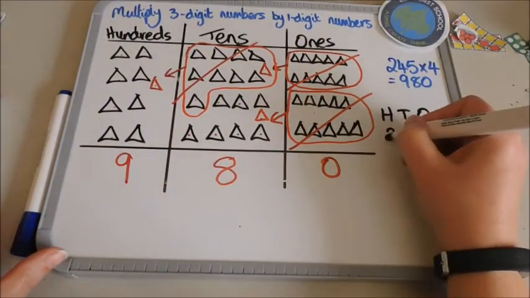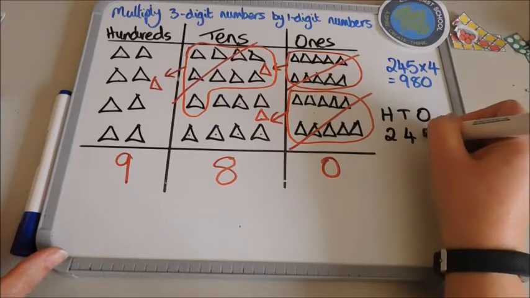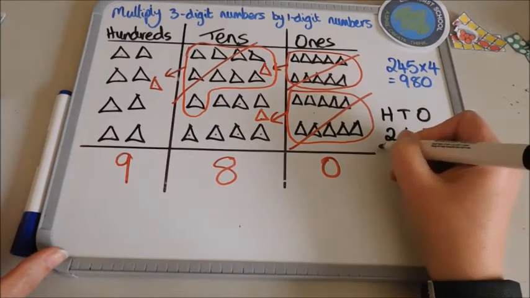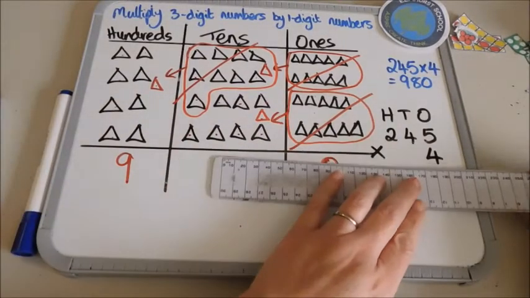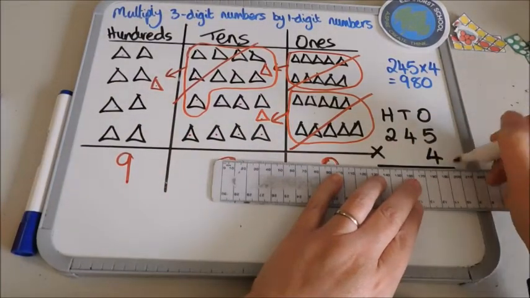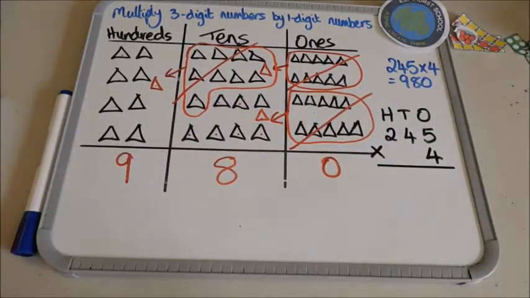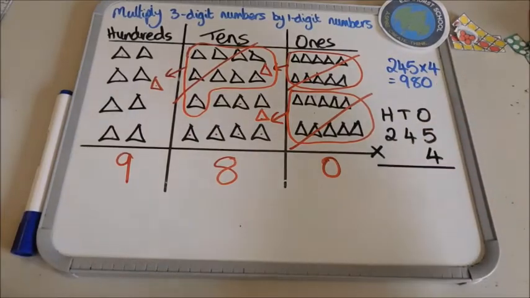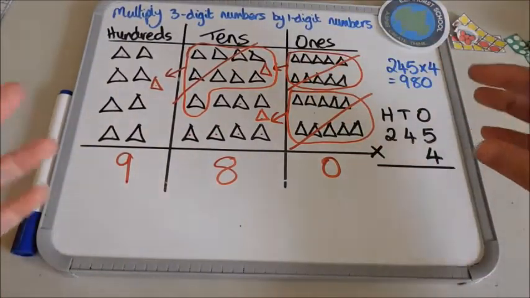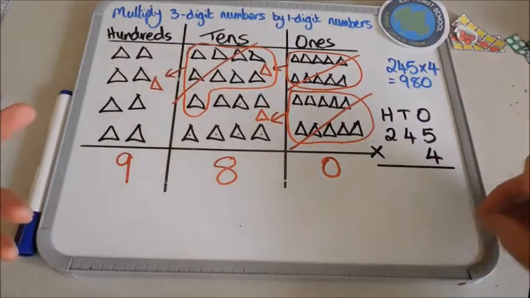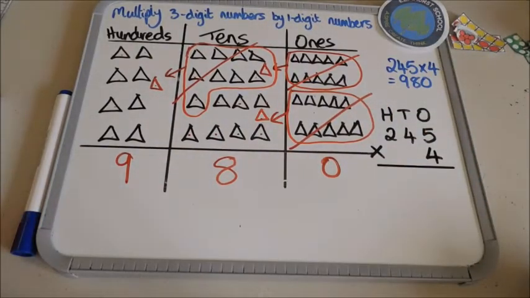We're going to do the 245, and multiply that by the 4. I'm not expanding it this time. In the previous method, when we were doing a 2-digit number by a 1-digit number, we expanded it out, but because we're dealing with a 3-digit number, we want them to try and use this method.